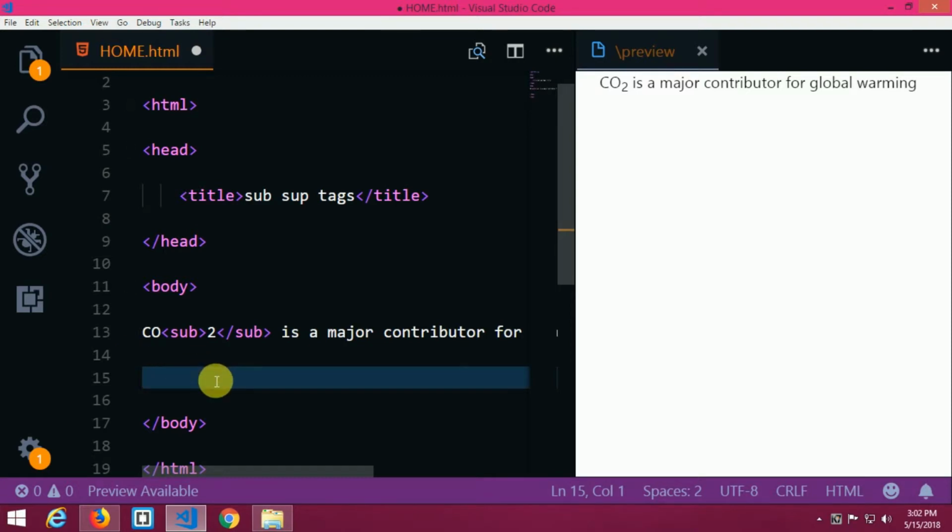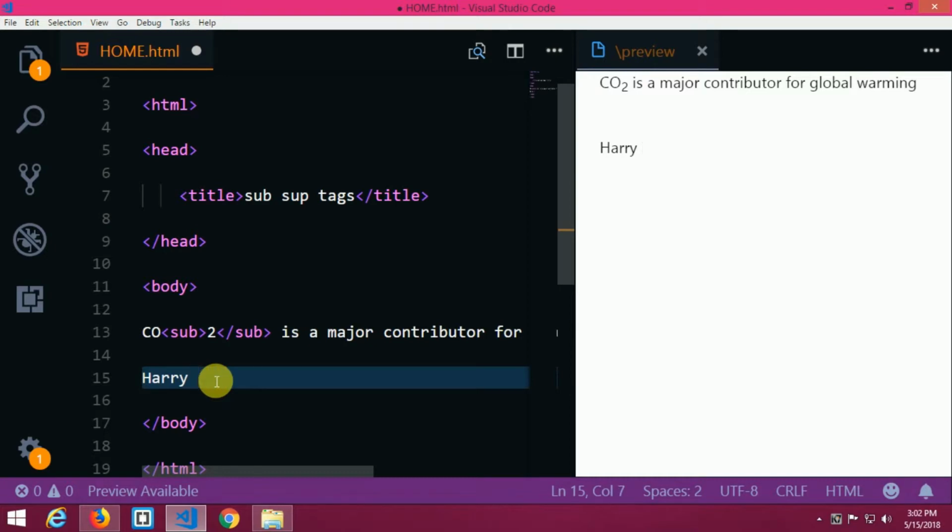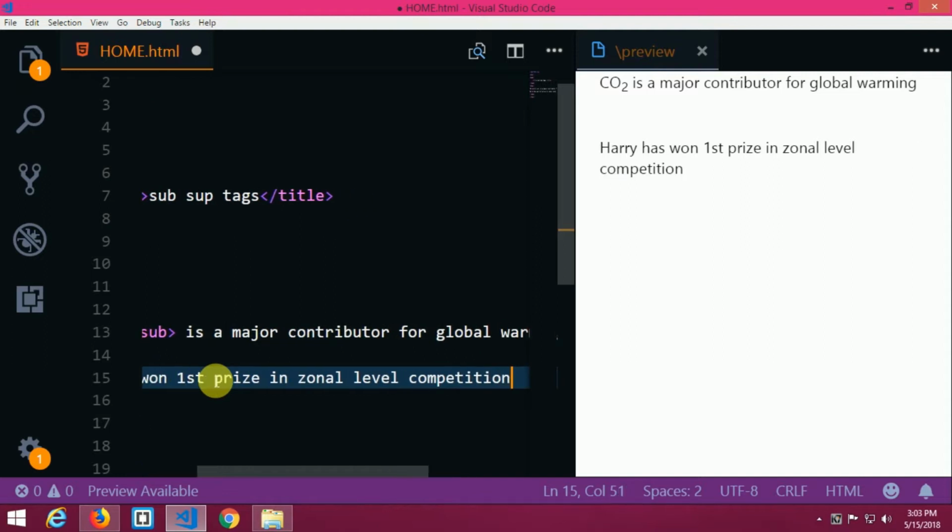So let me write, Harry has won 1st prize in zonal level competition. So this is the format. If you have noticed, the letters "st" should be above the number 1.